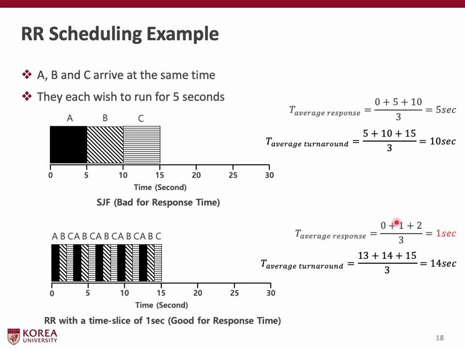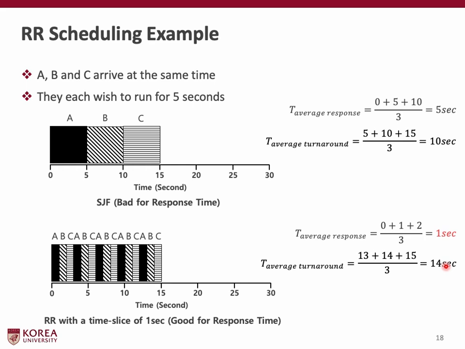So their response times are 0, 1, and 2, respectively, and the average response time is just 1 second, much better than SJF. But they all take longer to finish. A finishes at time 13, B at 14, and C at 15. That gives us an average turnaround time of 14 seconds, worse than SJF.